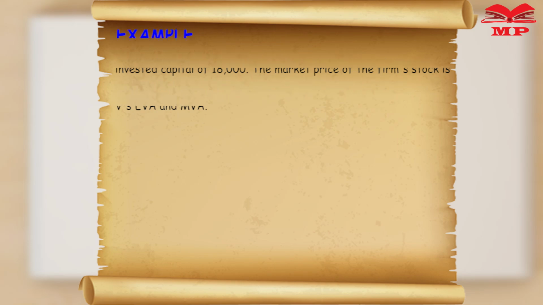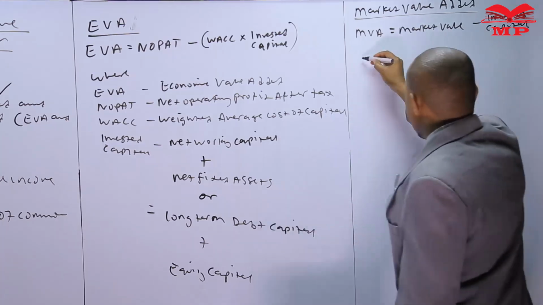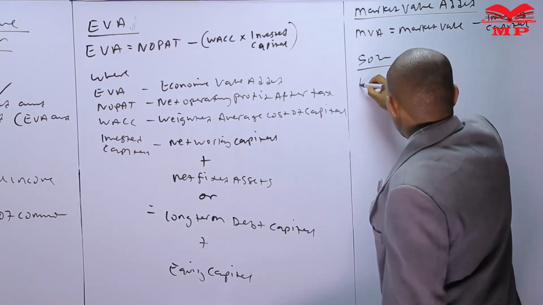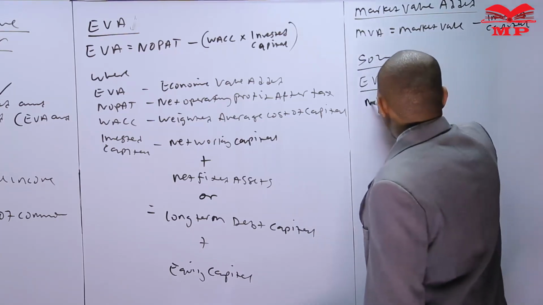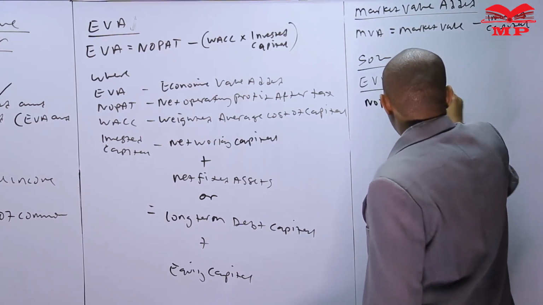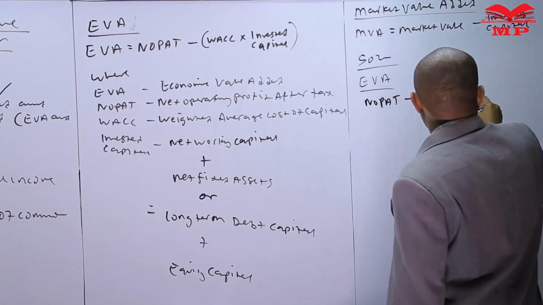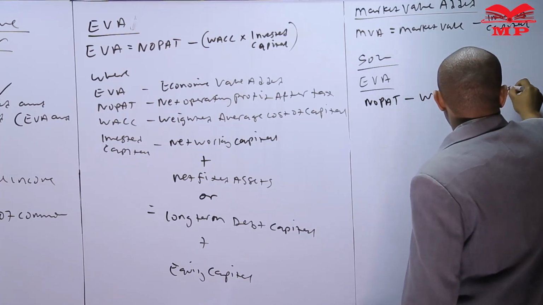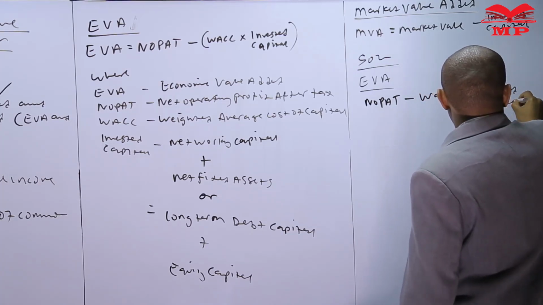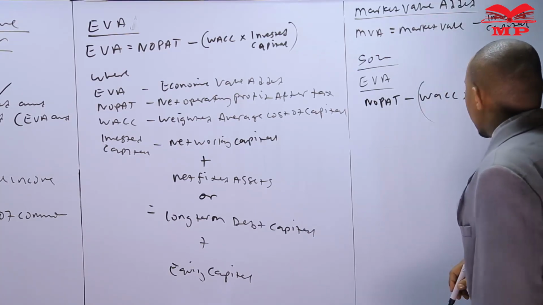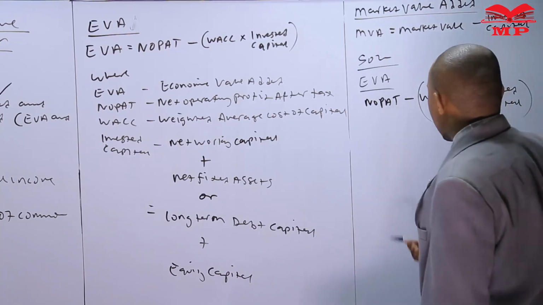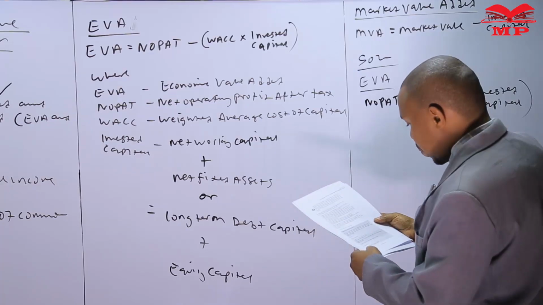We start off by looking at the EVA solution. EVA, or economic value added, is NOPAT minus WACC times invested capital. That is how we get the EVA. Let's identify if we've got all of the inputs. Do we have the net operating profit after tax?